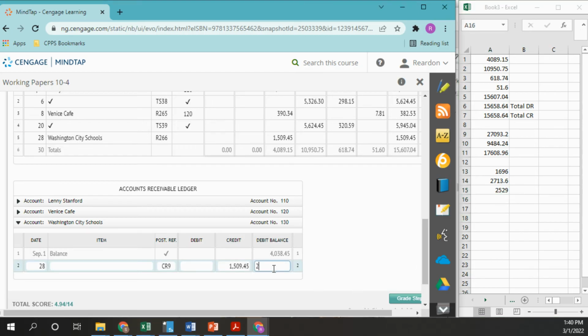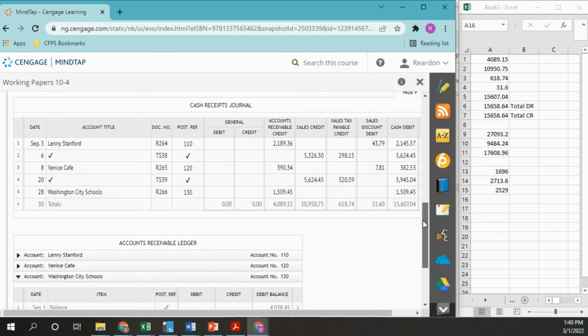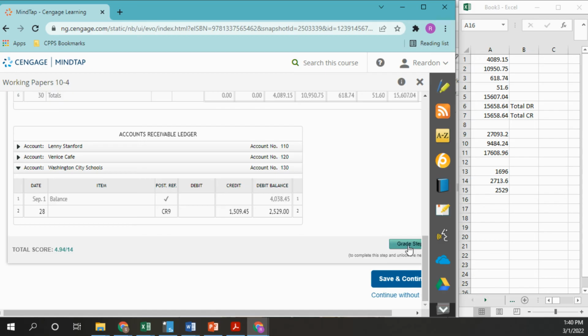Gives us 2529. Go back and show that as being posted. All right, and we've posted our cash receipts journal entries to our accounts receivable subsidiary ledger to our customer accounts.